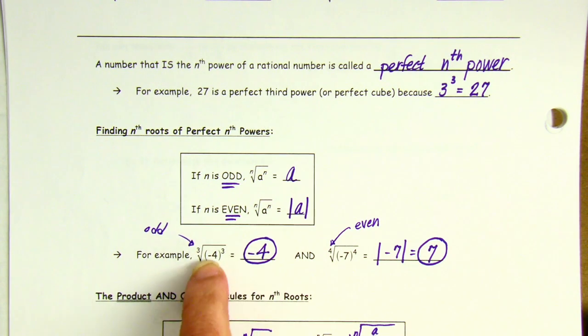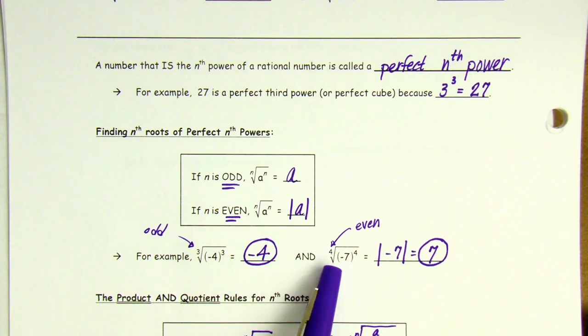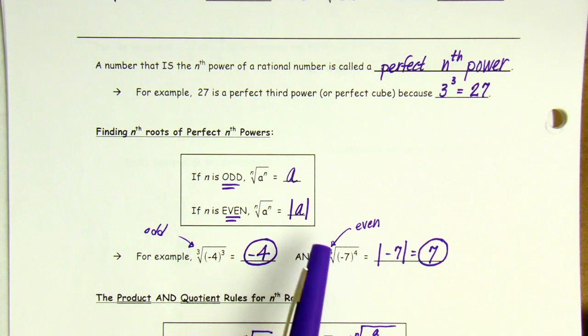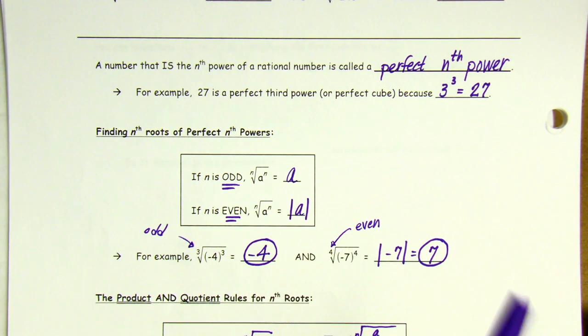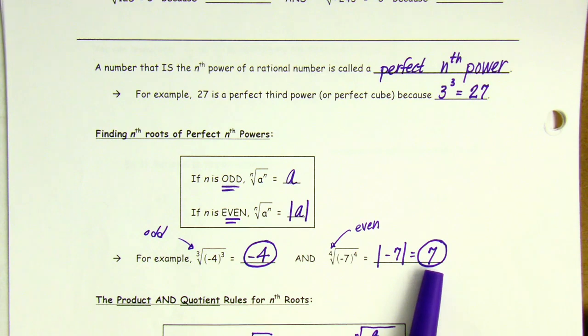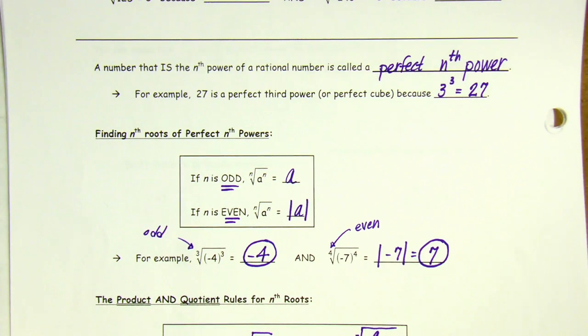Because when I take negative 4 and raise it to the third power, I'm going to get negative 64, and the cube root of negative 64 is negative 4. Here's when the index is even. They're both even here. So the fourth root of negative 7 to the fourth power does not equal negative 7. It equals positive 7. It equals the absolute value of negative 7. If you have any questions about that, you can ask in class.